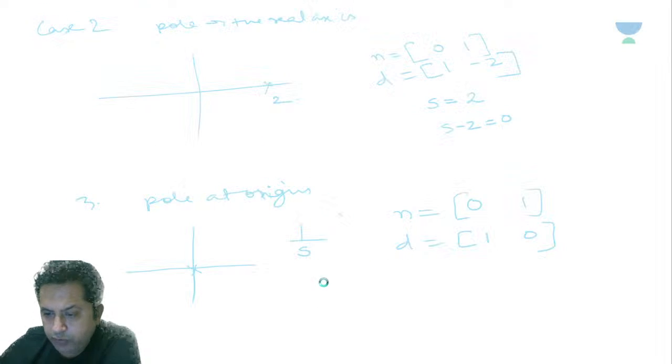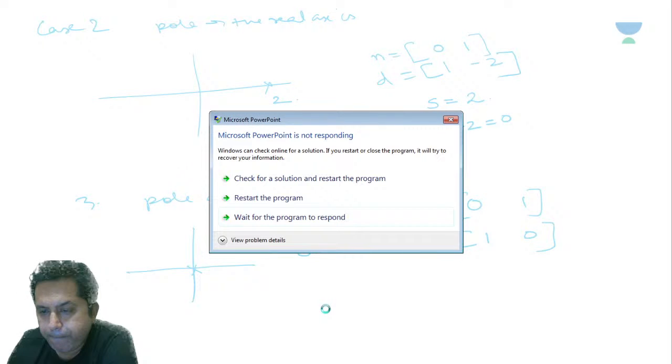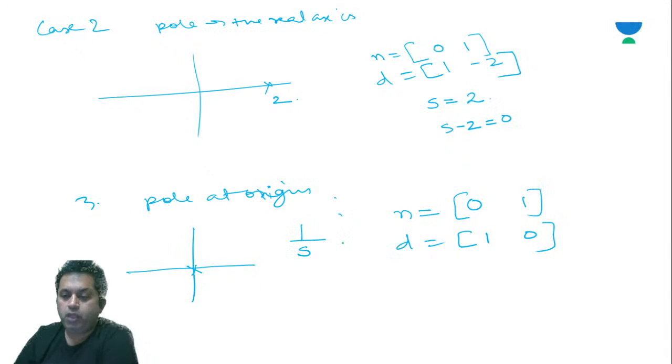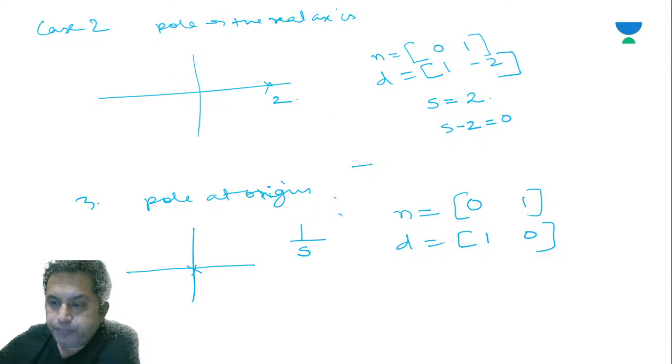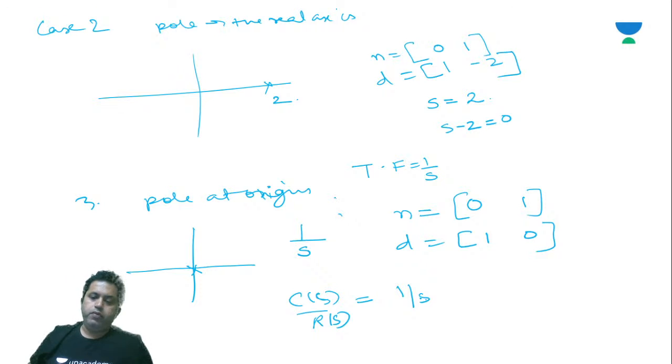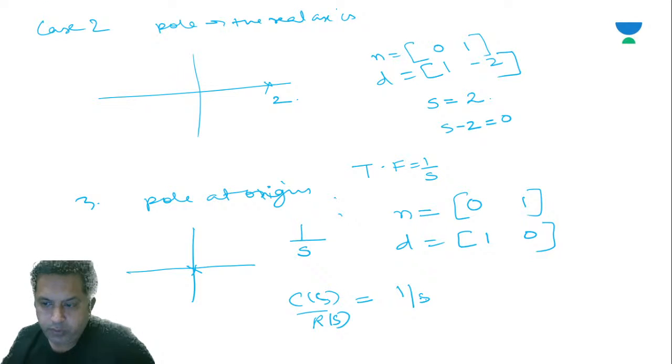This is the transfer function, I'm sorry, that is C(s) by R(s), 1 by s.